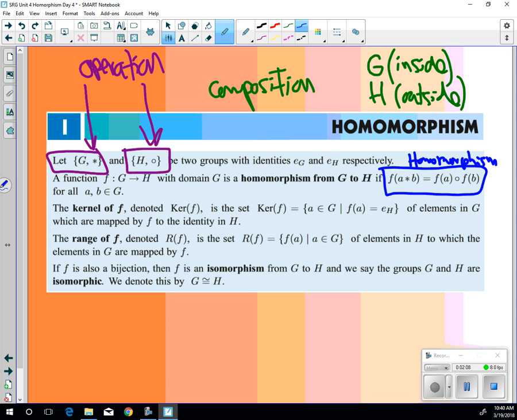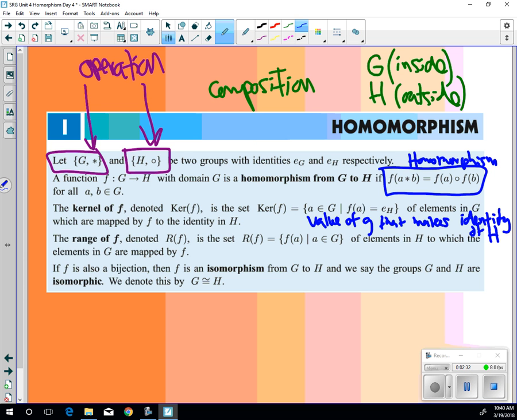And then kernel, range, and isomorphic. The kernel of f is the value of g that makes the, I'm just going to write it, value of g that makes the identity of h.